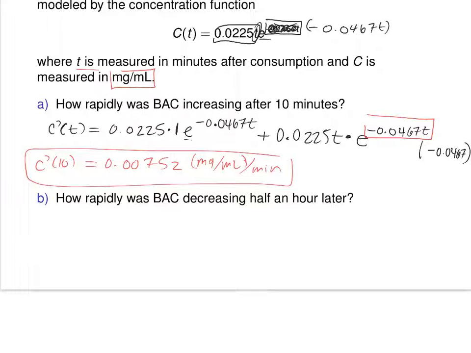How about how fast is it decreasing a half an hour later? They gave you a bit of a hint as to what the sign of the answer should be. Should it be positive or negative? It should be negative. And what number would you plug in? 30.